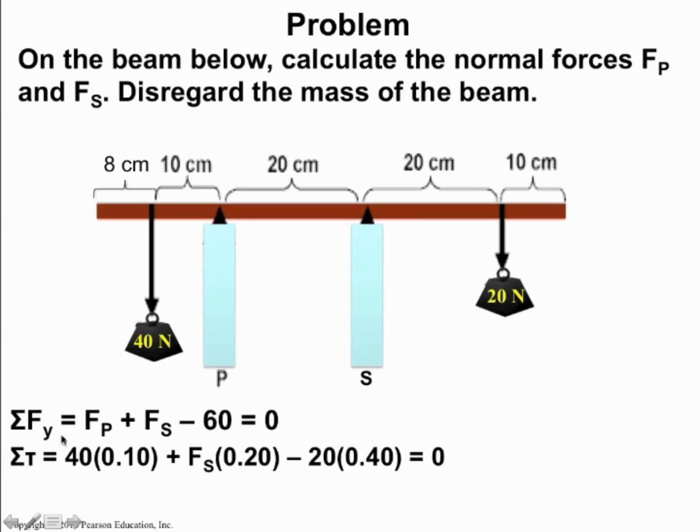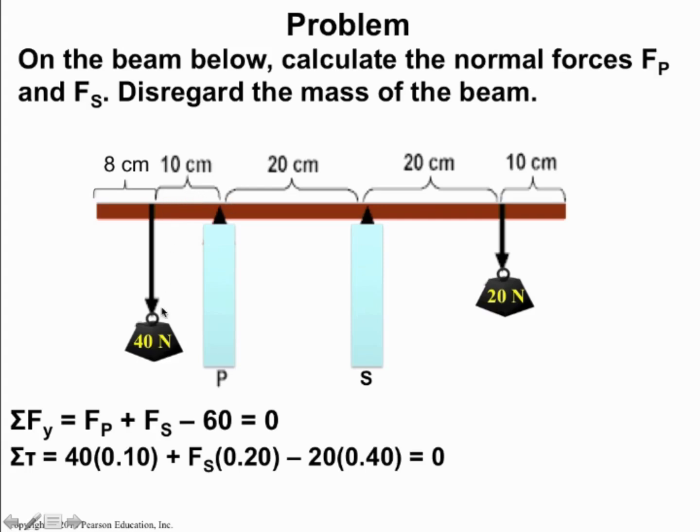Now we have our torque equation. Let's look at these torques here. Well, if we pick pillar P as our axis of rotation, then we do one torque at a time in reference to that pillar P. So we look at 40 newtons times 10 centimeters, or 0.10 meters.